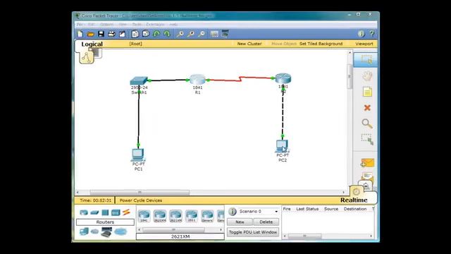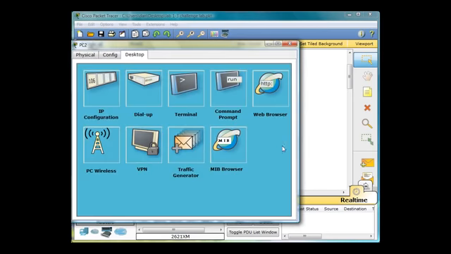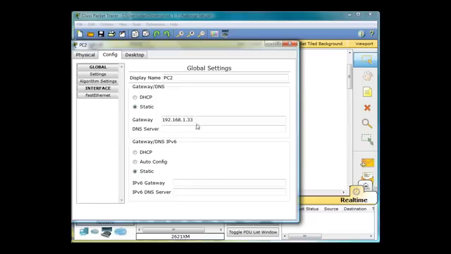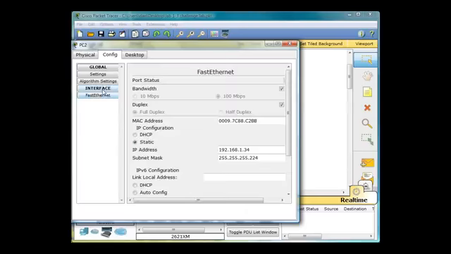We've got to check to see what network this PC is on. This PC config is 1.33, so this PC is on the 32 network. Okay, it's on the 32 network. Let's see here. There it is.